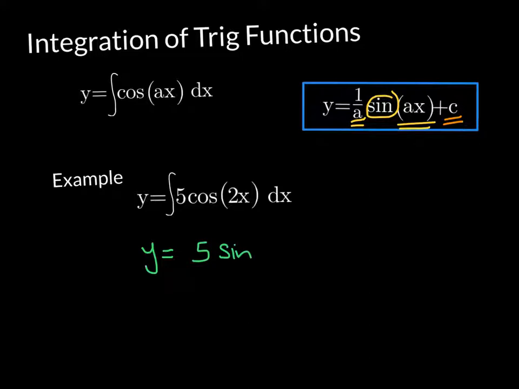The thing in the bracket then again just stays the same, and we can't forget to then divide through by the coefficient 2. And we also can't forget to add our constant of integration. We can't really take out any common factor there, so that would be our final answer for that problem.